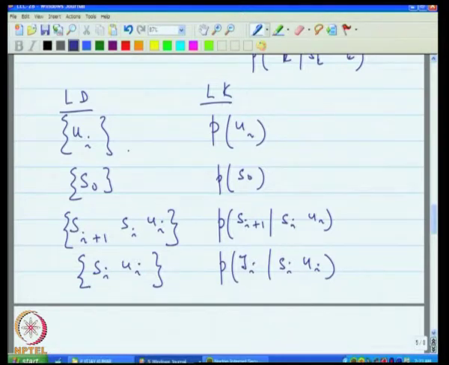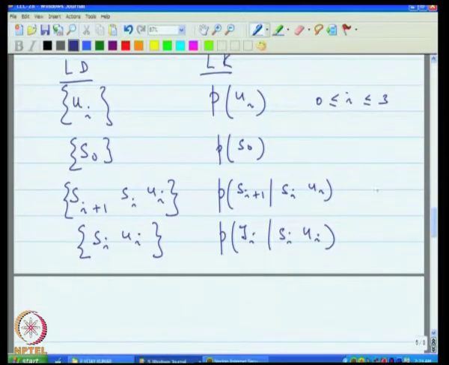So, there are 4 of these, i ranging between 0 and 3, there is 1 here, and again here the i value ranges from 0 to 3 in these cases.